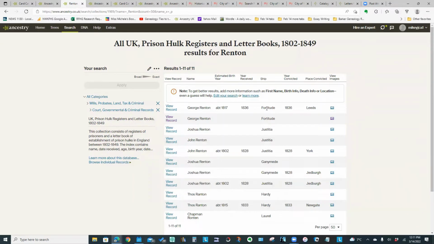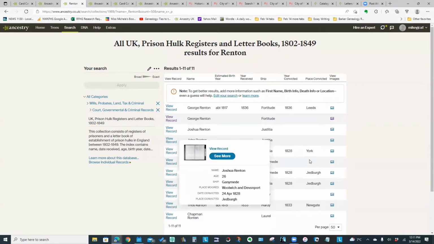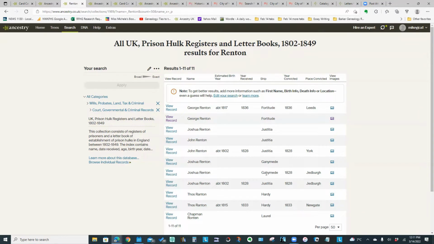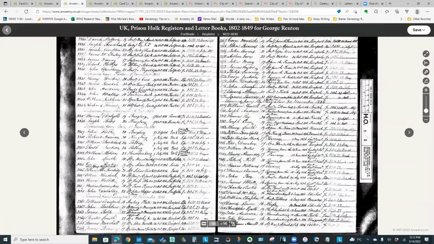So George Renton, who we saw on previous screens, was on the ship the Fortitude. We've got Joshua Renton, who is on the Justitia. Joshua Renton was also on the Ganymede. So if we go into one of these records, let's look at George Renton on the Fortitude.